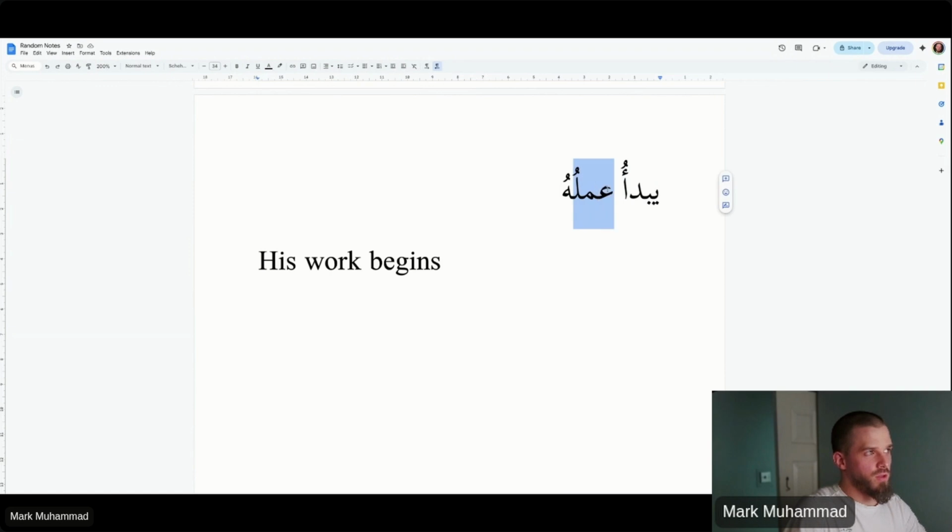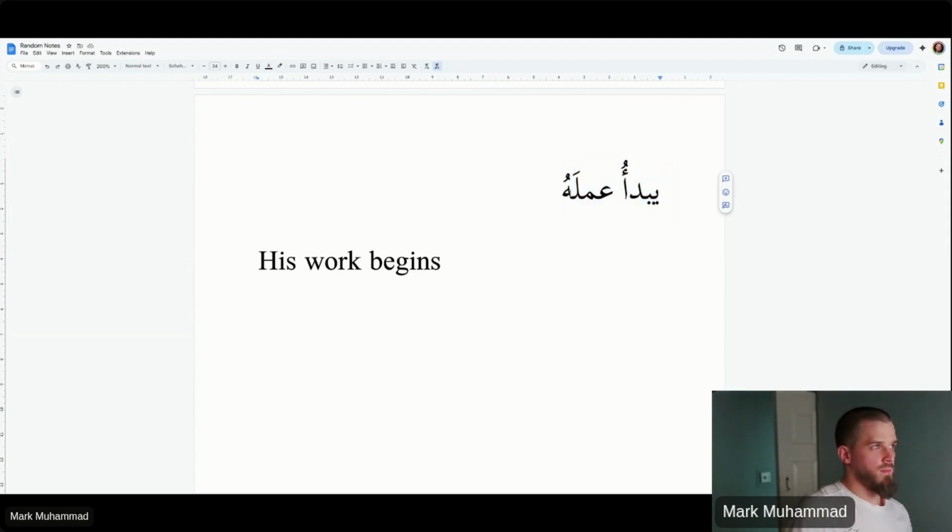So this is now the doer of the verb. The actual work here is the doer. If you say yabda'u amalahu, we would assume it's huwa. Here we assume. So there are two differences, you see? So yabda'u can mean huwa, but in this sentence there is no apparent fa'il, no actual doer of the verb.